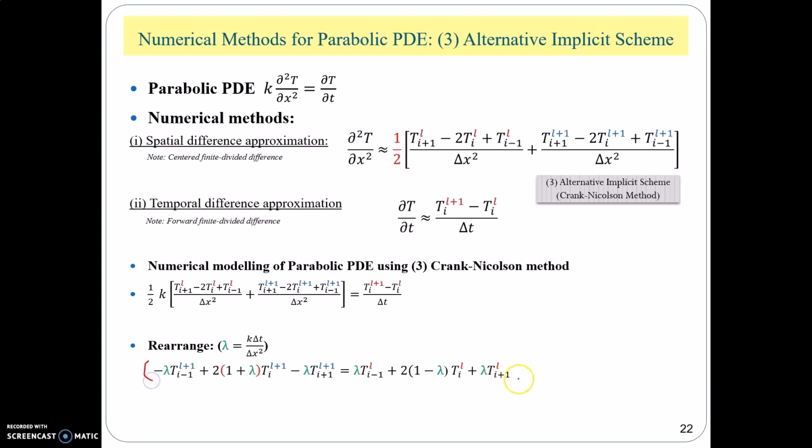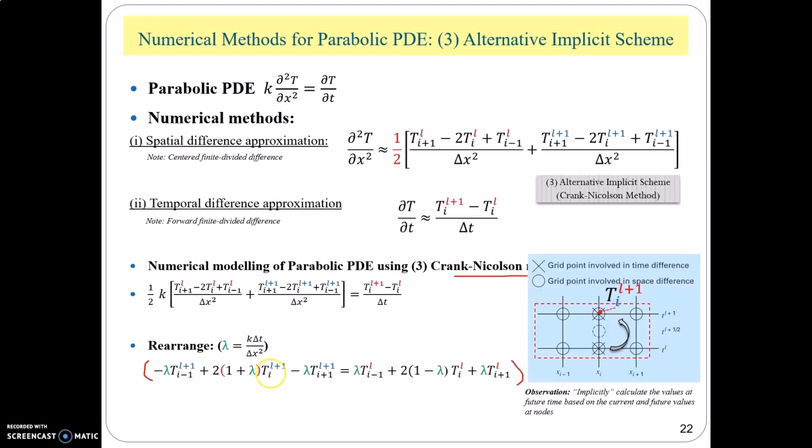This is the numerical modeling result by using the Nicolson method. What we are interested in is to find the temperature at point x(i) at future time index L plus 1. This is the point where we want to find the temperature, where you have the y-axis as time and the x-axis as your space x.